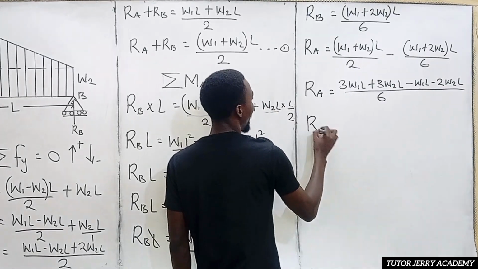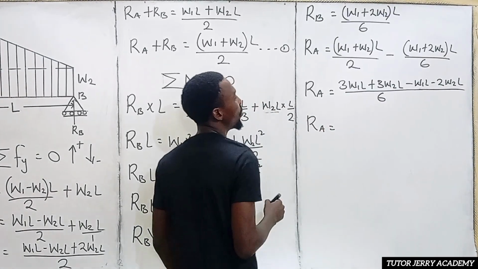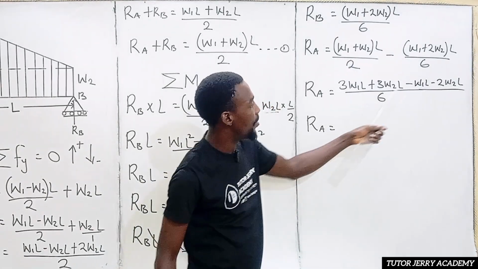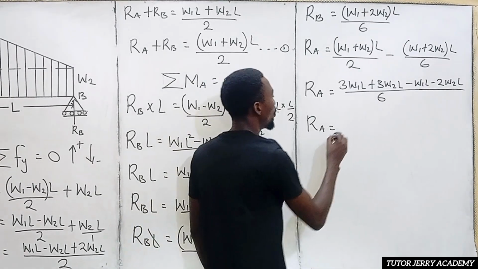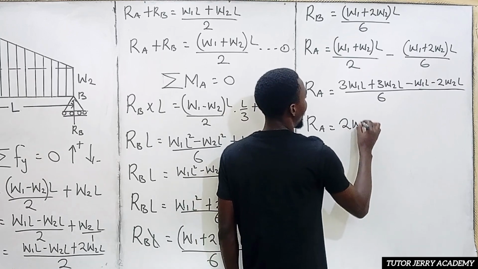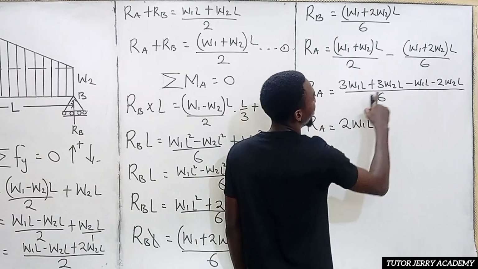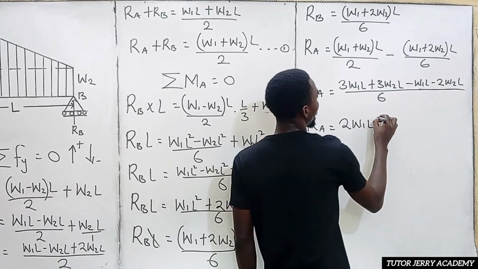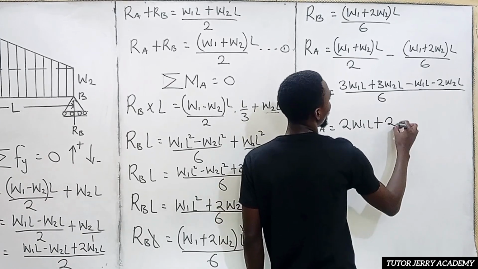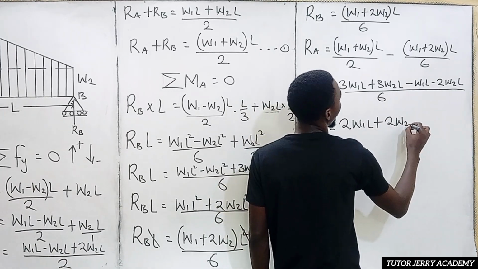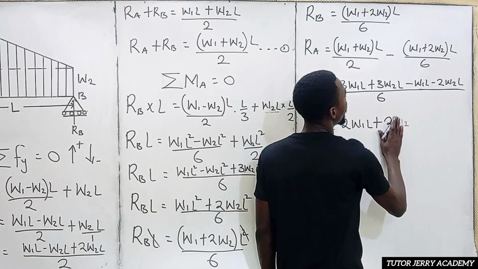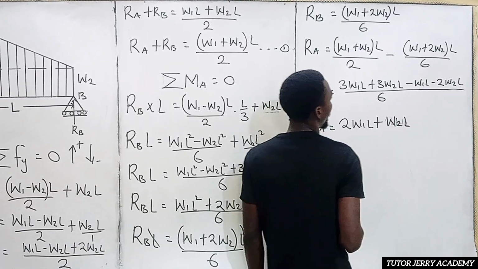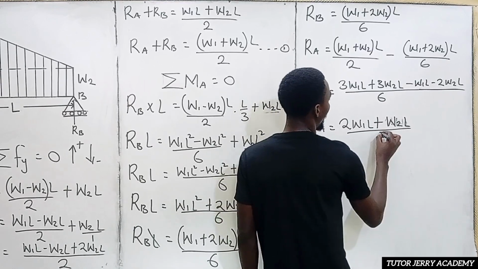So it means that our R_A will be equals to 3W1L minus W1L. That is 2W1L. All right. Then 3W2L minus 2W2L, we are going to have plus 1W2L. That is W2L. All right. All over 6.